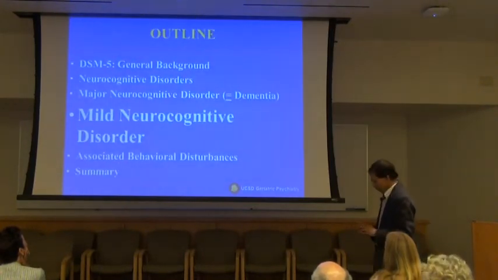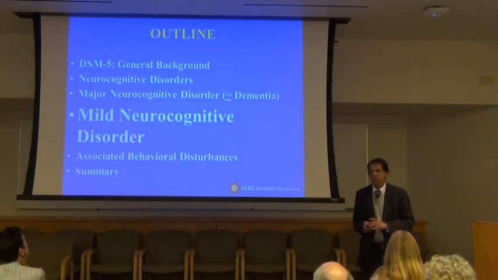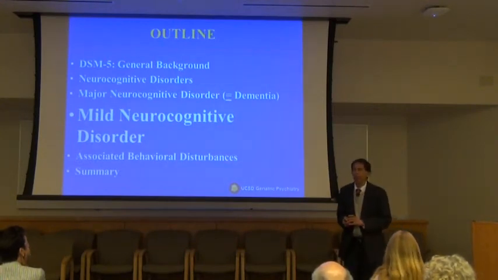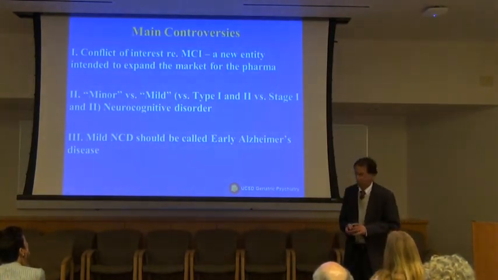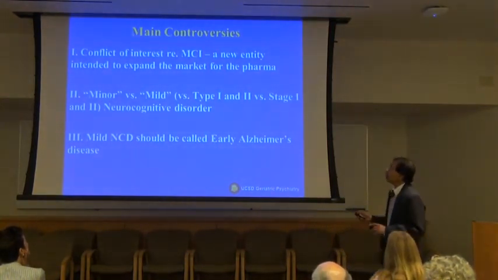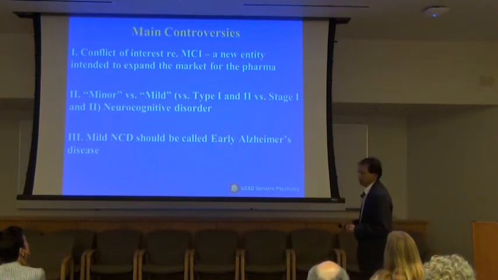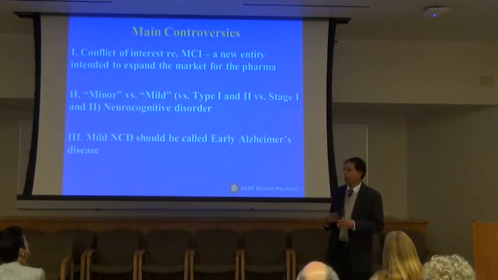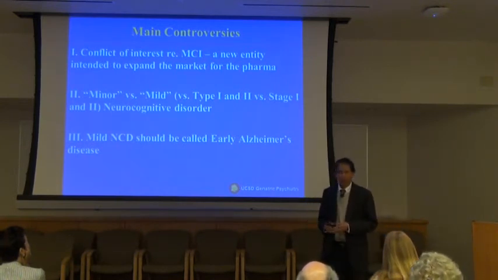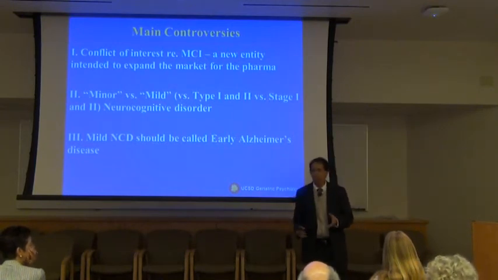Okay. Then going to mild neurocognitive disorder. This is actually something that generated the most controversy within the field of neurocognitive disorders. Why? Because many people accused us of saying that we are creating a new category that is poorly defined, and we are doing it to help the industry.